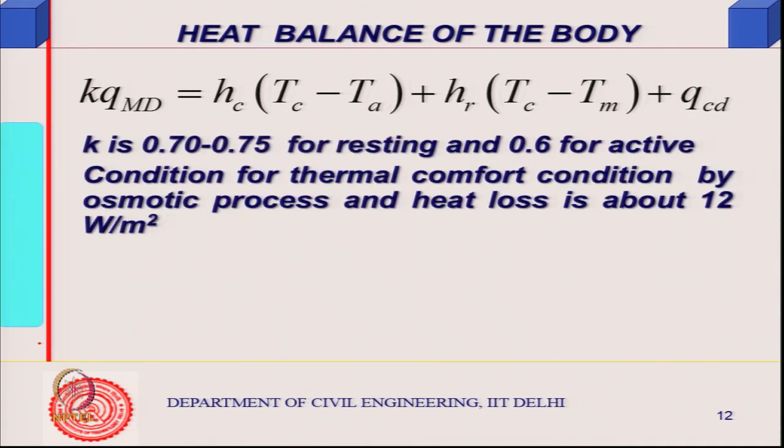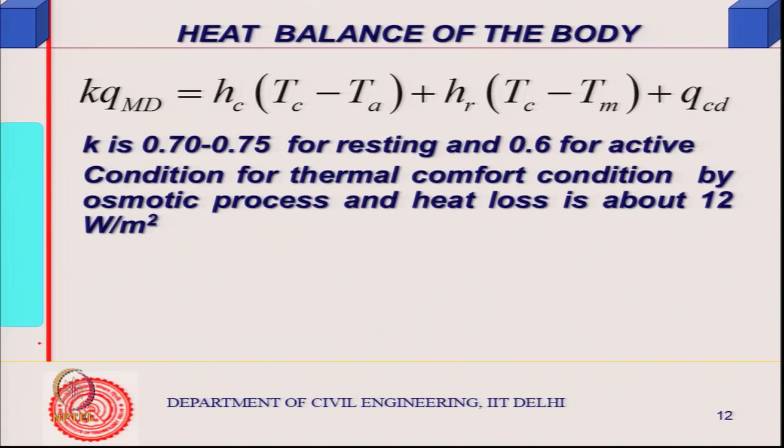K is 0 to 0.75, that means 25%, 1 minus K goes out straight away. Hc is the conductance of the cloth to the air. So, that is the convection part, the last part, then Hr is Tc minus Tm, plus QCD. So, this is the conduction loss, this is radiation loss actually.